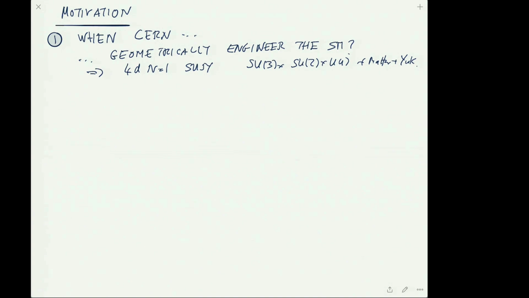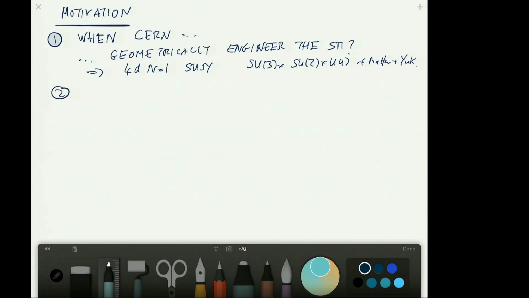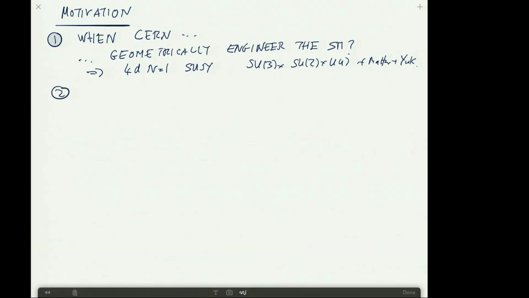Anyway, if in doubt, you might say, can you bring up some other motivations? So one other very important motivation is that we can look at particular theories, namely supersymmetric conformal theories, SCFTs.